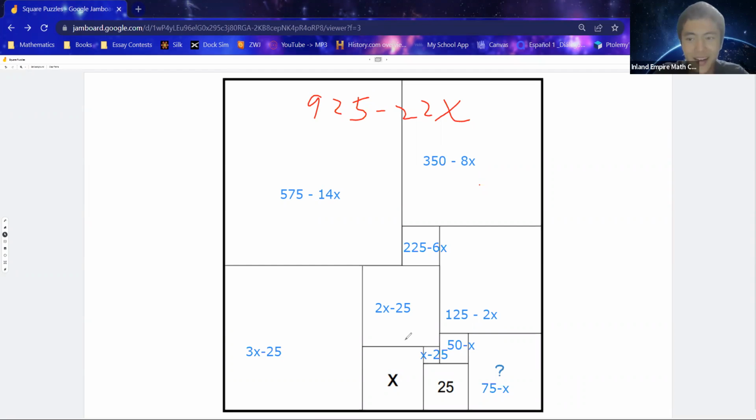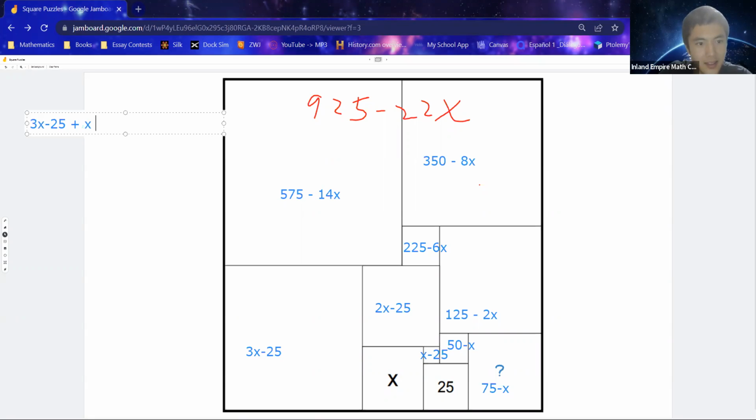Well, Kimmy, you are correct, but it's also not quite correct because we want to find it in terms of these four squares. So that means it's 100 minus 5x.